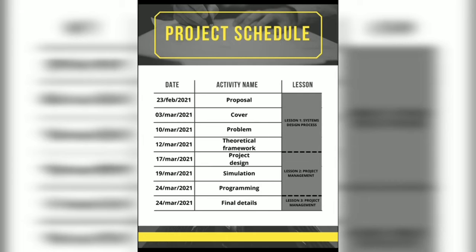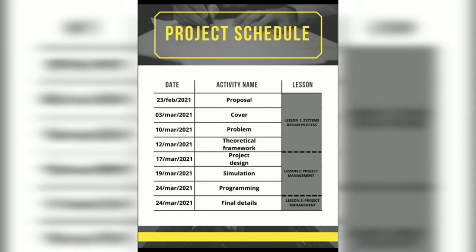Well, in this part, as we can see, we have the project schedule. First we have all the dates on this side, and in this part we have the objectives, and here we have what lesson each of the activities belongs to. First of all, we have the proposal, then we continue with the cover, the problem, theoretical framework, the project design, the simulation, the programming, and finally the final details.